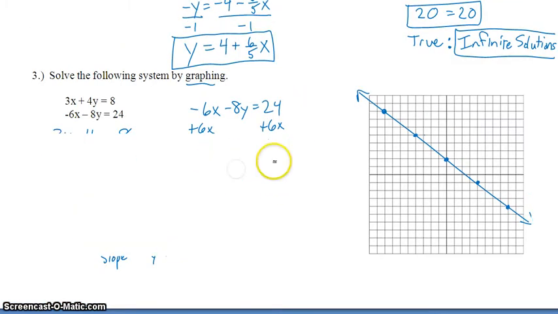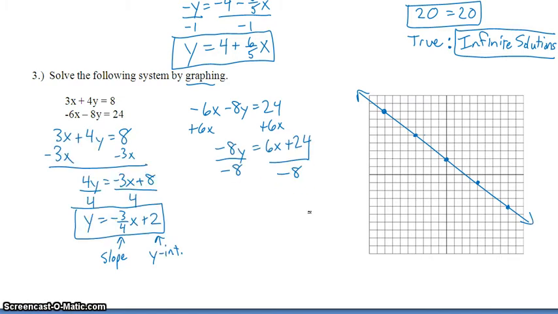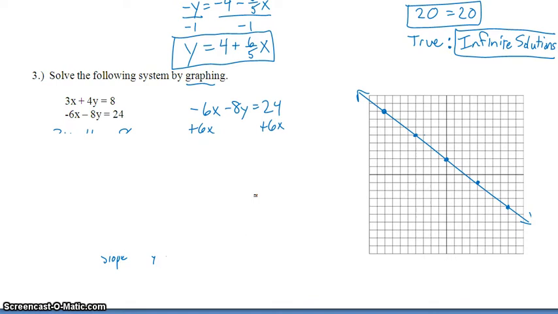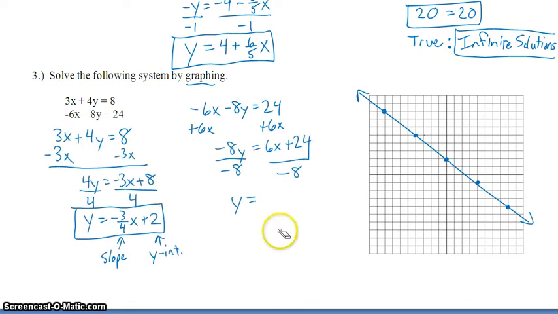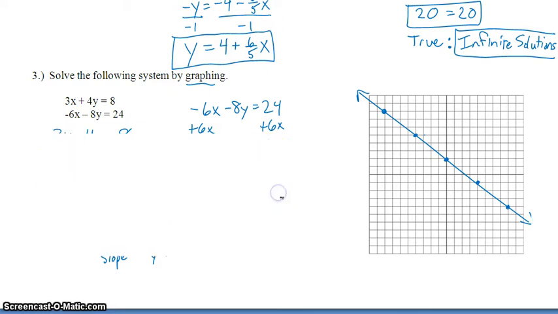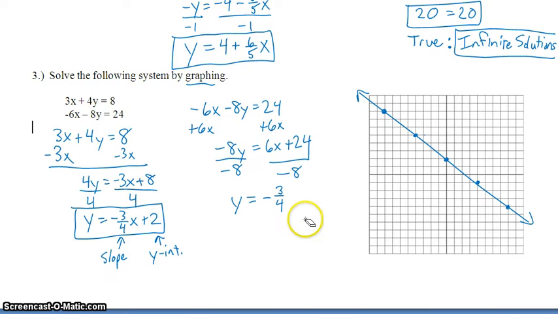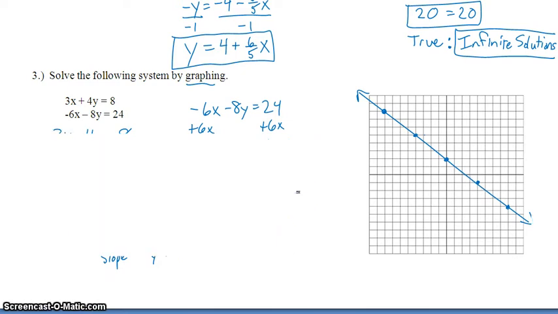Divide each side by negative 8. Six divided by negative 8 gives me negative 6/8, which simplifies down to 3/4 x.